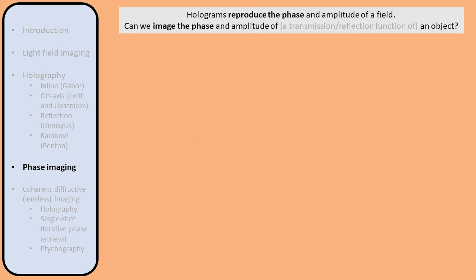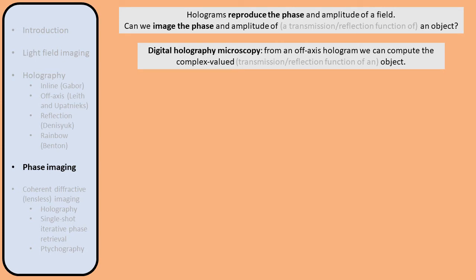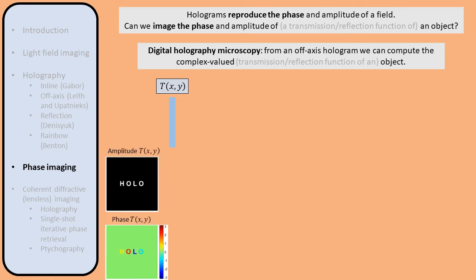A method that can be used to create phase images of intricate samples is digital holography microscopy. As the name suggests, it uses the same technique as off-axis holography to record phase information, which can be extracted digitally. Suppose we have a sample with a complex value transmission function, so it has a certain amplitude and a certain phase.